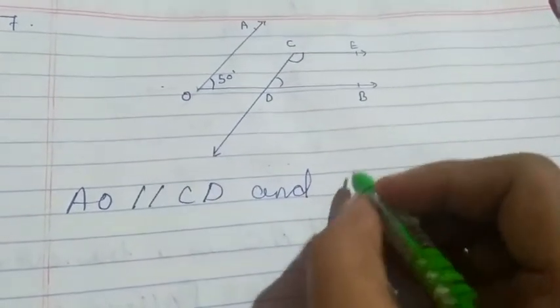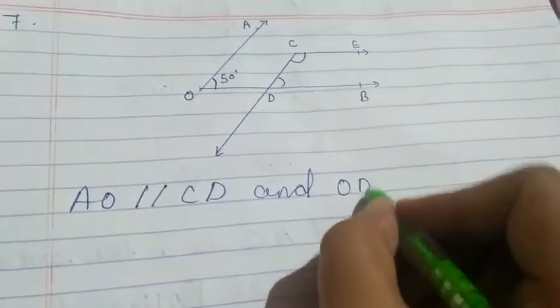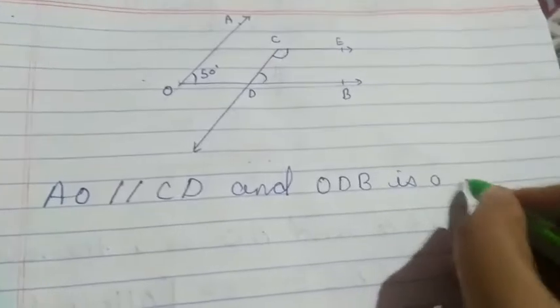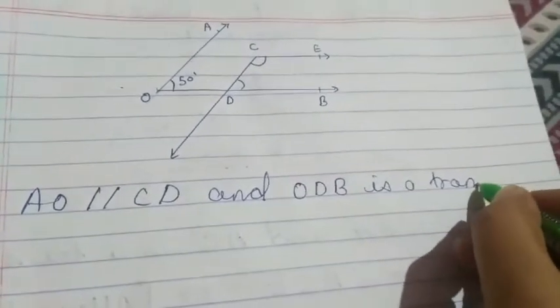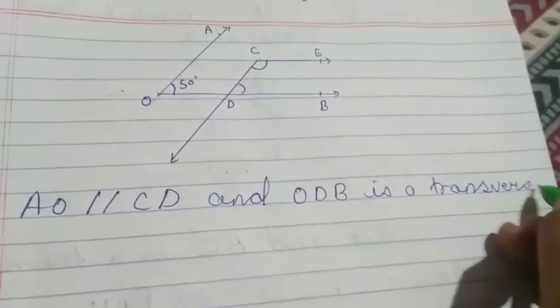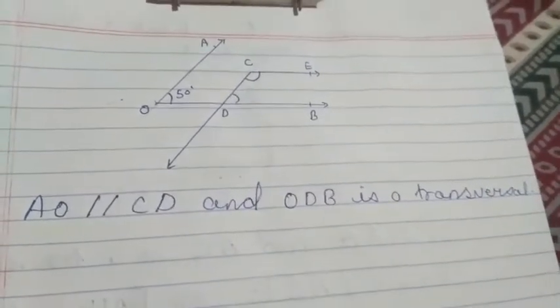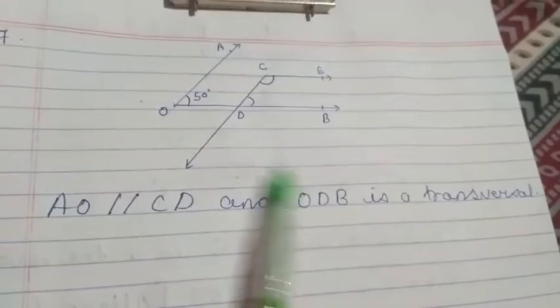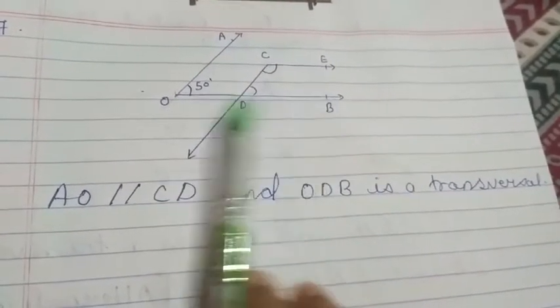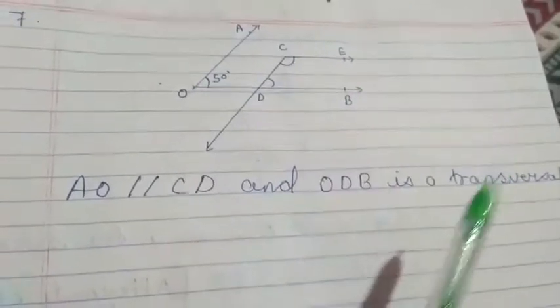ODB. When these two lines are parallel, ODB is a transversal for this one.